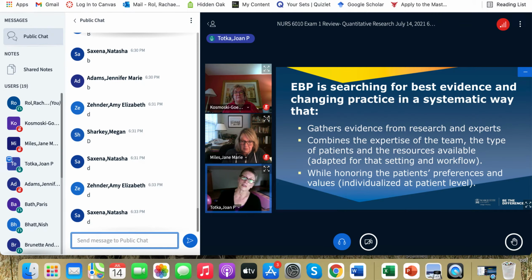So evidence-based practice is taking the best evidence and changing practice in a systematic way. That evidence from research and experts combines with the team, the type of patients and the resources available. You then adapt it for the workflow while you're honoring your patient's preference and values at the individual patient level.